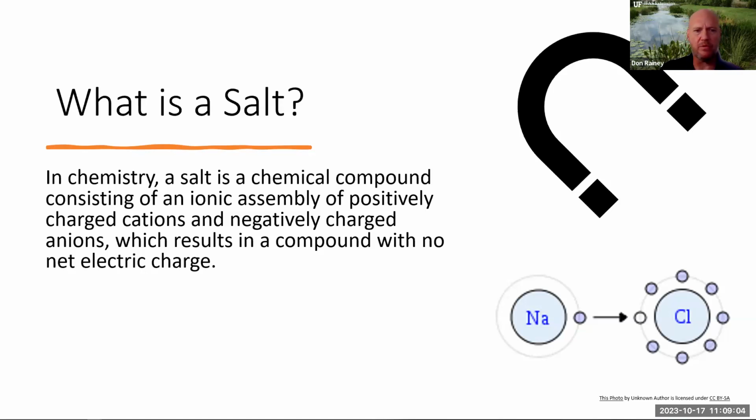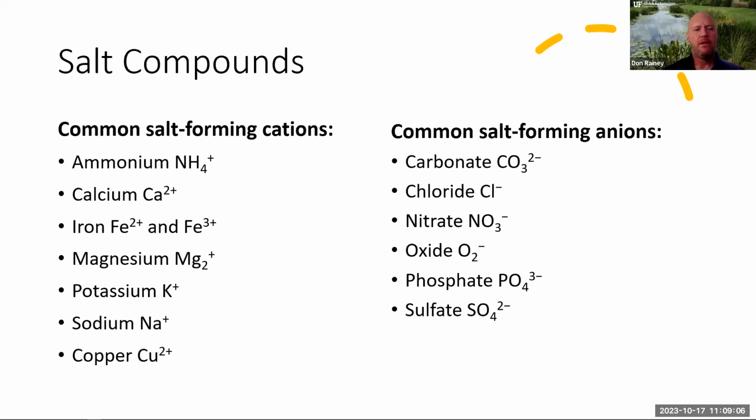Just to give you an idea of what the other ones would be, on the left you'll see the common salt-forming cations, and on the right the anions. I don't know if you remember, but for me it was way back when I was learning valences and covalences in high school and college. You see the charges, like ammonium, NH4, with the plus.